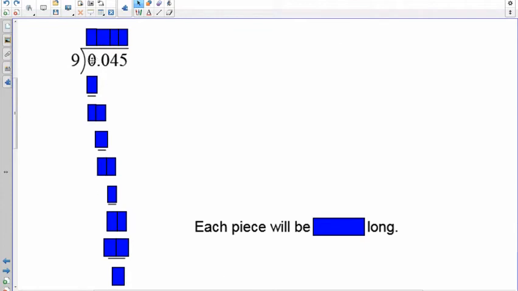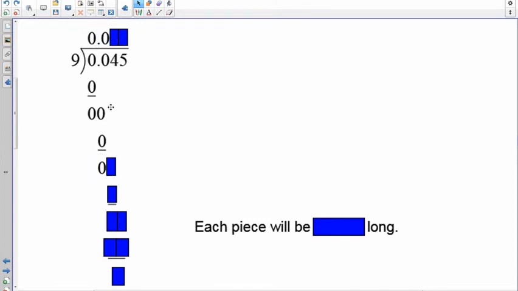9 will not go into 0. All right, it goes into 0 times, and that becomes a 0, and 0 take away 0 is 0. So now bring down the next 0. 9 will not go into this 0 either. So that's a 0, and of course, the 0 goes up here with your decimal going straight up. 0 take away 0 is 0.